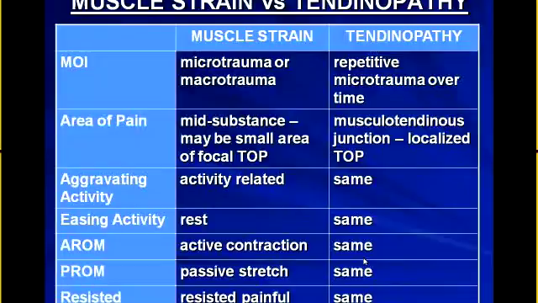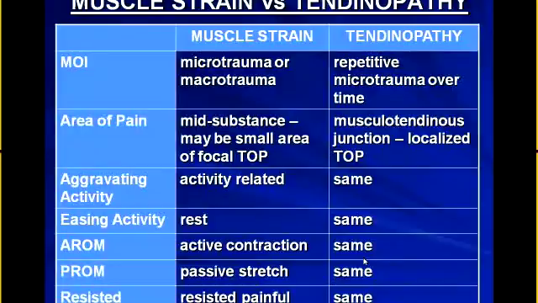The muscle strain is mid-substance, unlike the avulsion, which was proximal or distal attachment, and a tendinopathy, which is where the muscle attaches to the tendon. So muscle strains, mid-substance of the muscle, musculotendinous, where the muscle attaches to the tendon.